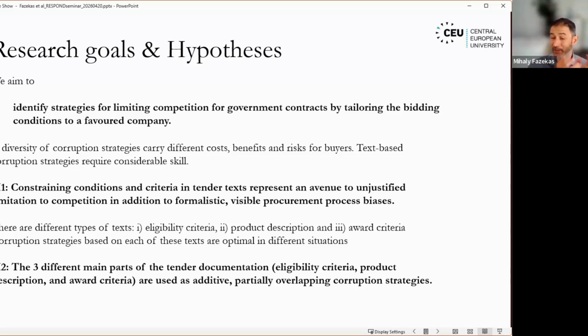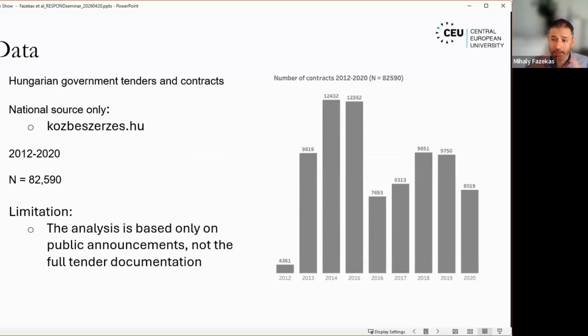But if the eligibility criteria was not tailored sufficiently, maybe you want to do something with the award criteria, right? So this is the idea of additivity, that wherever it's more practical, the corrupt will place these subtle competition restricting rules or terms.